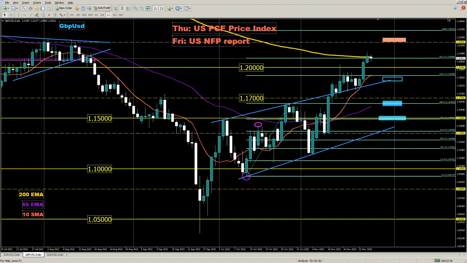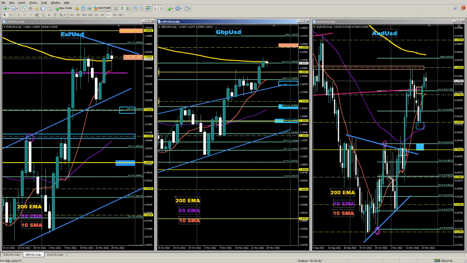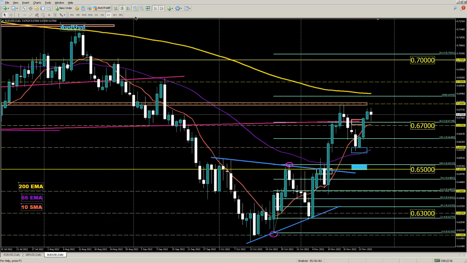Okay, let's move on to the Aussie dollar. Similarly, the Aussie dollar is also showing a V-shaped recovery, bouncing off this support zone at the round figure of 66 and just above the daily 55 EMA, and attempting to test the resistance zone at the 68 round figure.